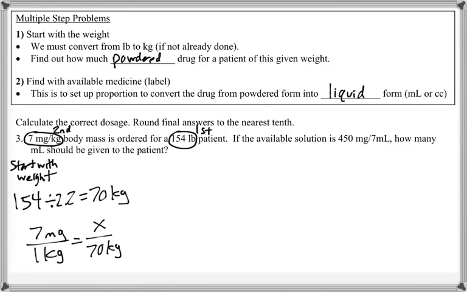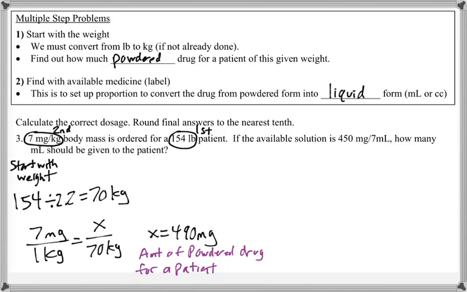So I'm going to take 7 times 70 divided by 1, and we get 490. So this 490 mg, this is the amount of powder drug specifically for a patient of this weight.